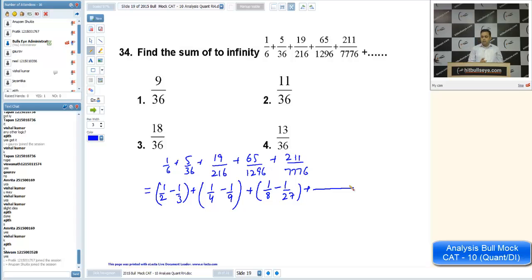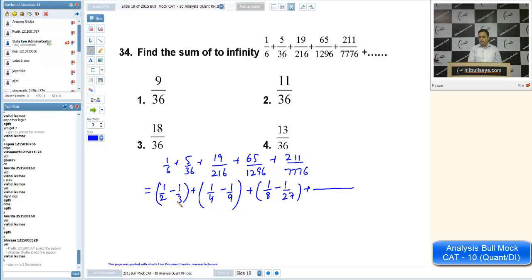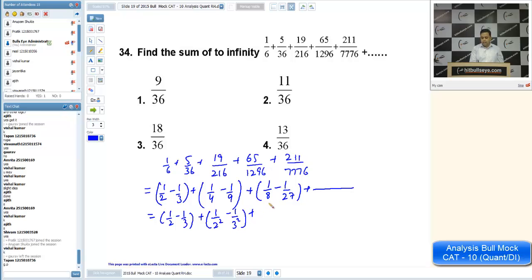Now look, there is a case possible that these terms will cancel out. Some terms in this expression will cancel out. But since it is not happening here, we will think otherwise. So this is equal to 1 by 2 minus 1 by 3, and this 1 by 4 is nothing but 1 by 2 square minus 1 by 3 square, and this is 1 by 2 cube minus 1 by 3 cube, and so on.